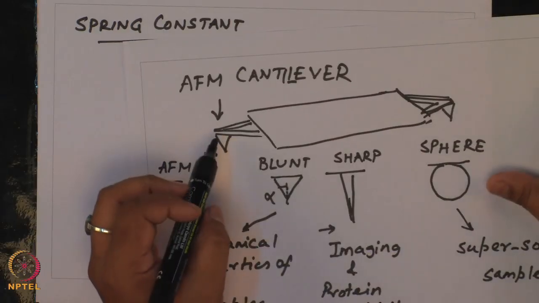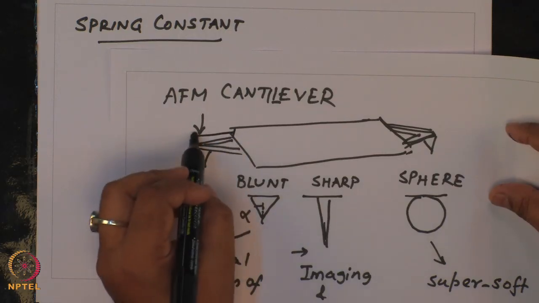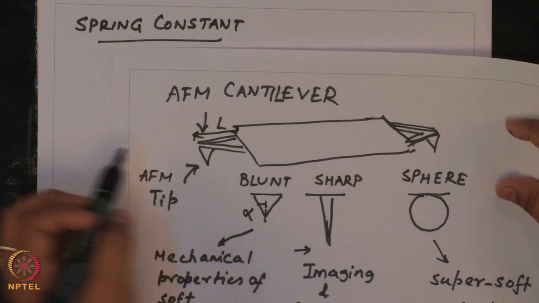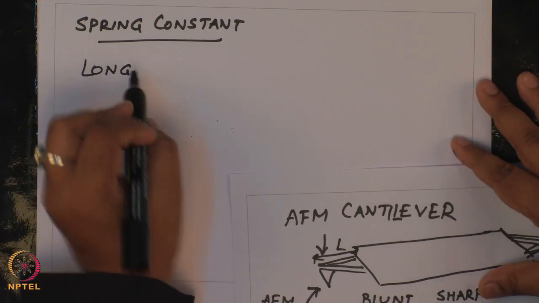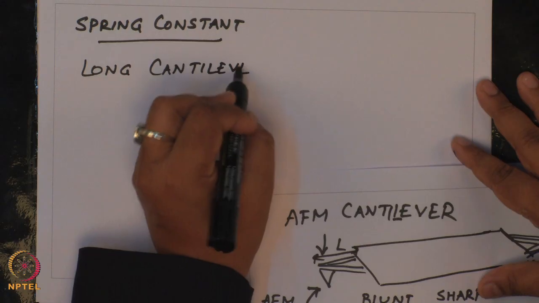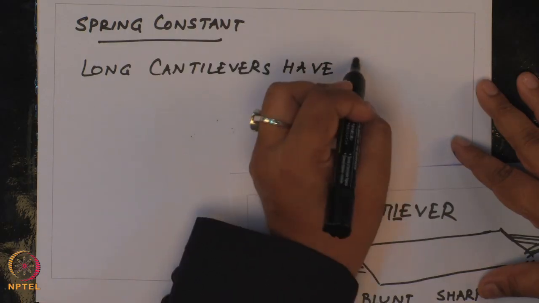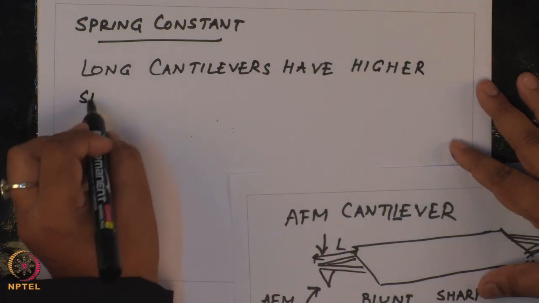You can vary the spring constant by varying the length of this cantilever. If your cantilever length is long, then the spring constant is high. So, long cantilevers have higher spring constant.